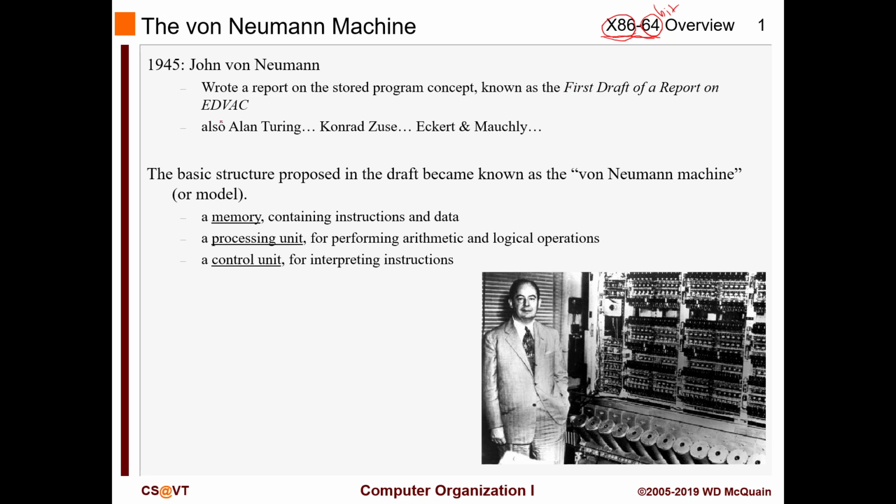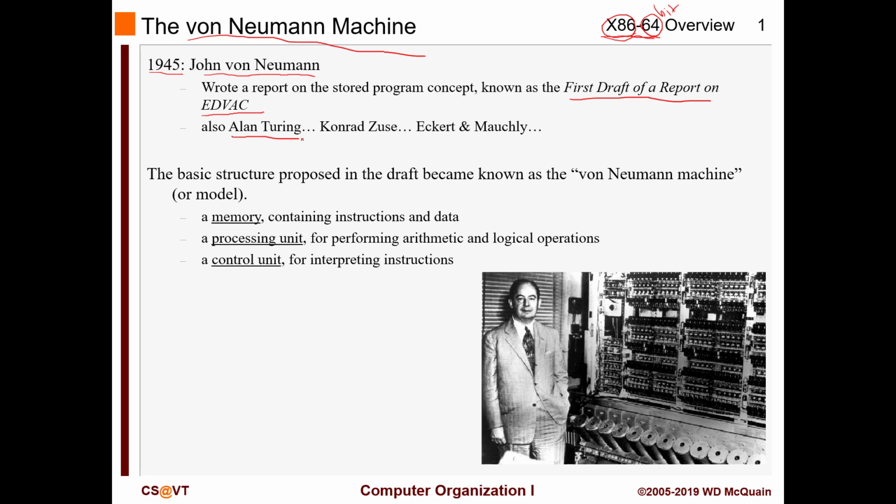So yeah, in 1945, John von Neumann came up with the concept of a machine, which is called the von Neumann machine, and he wrote a report on the stored program concept known as the First Draft of a Report on the EDVAC.